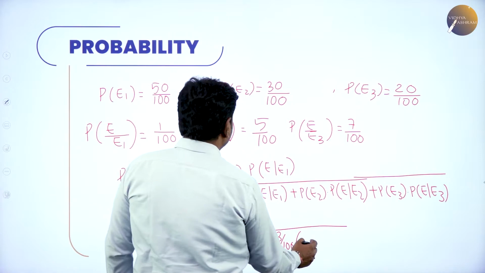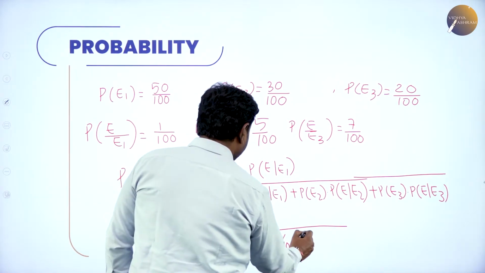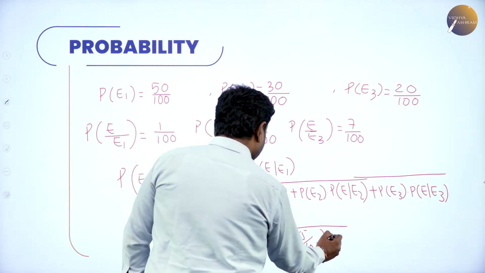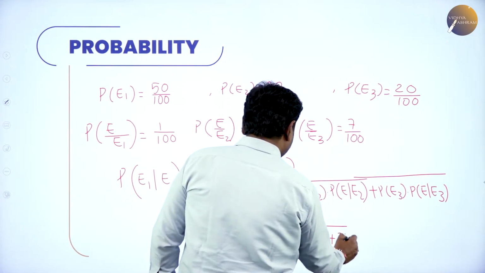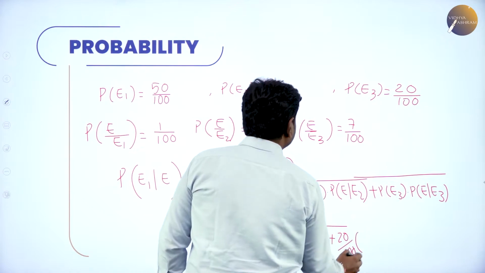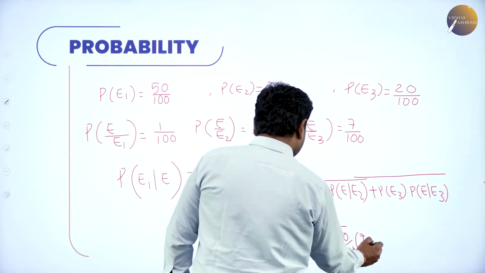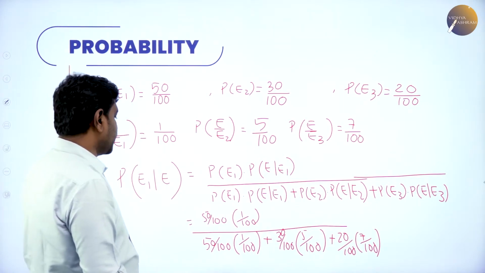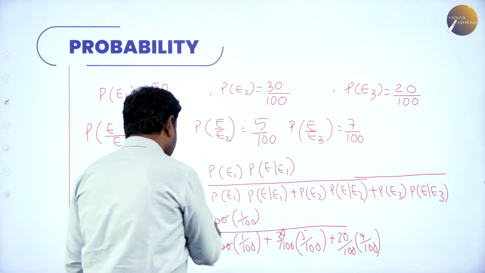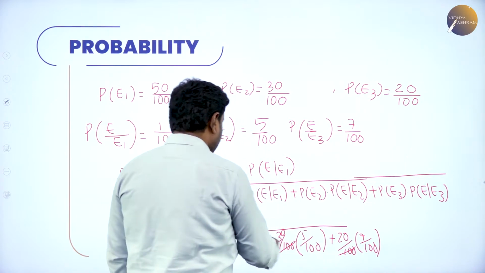P of E by E2 is 5 by 100. Then E3 is 20 by 100 into 7 by 100. So in the denominator you can take 1 by 100 common and you can cancel all the hundreds. Means if you take 100 common, it will get cancelled.